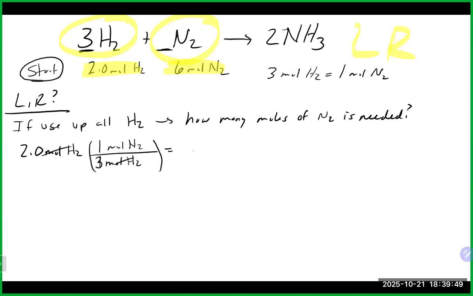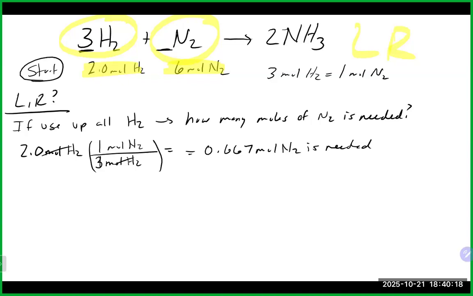Moles of H2 will cancel. 2 divided by 3 is 0.667 moles of N2 is needed. So what I just did here is figure out, if I want to use up all my H2, how much N2 I got to put in there.